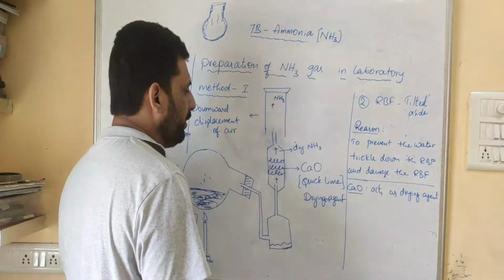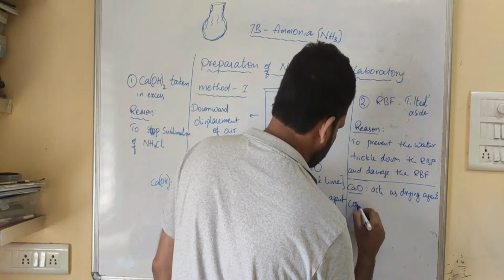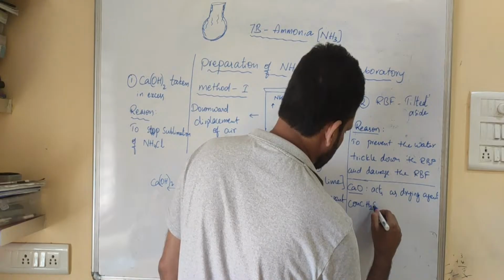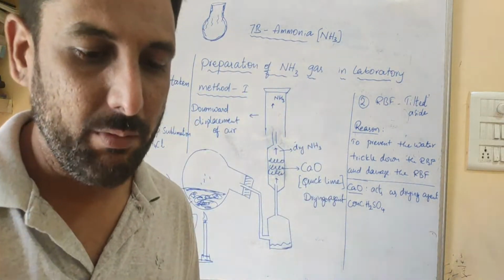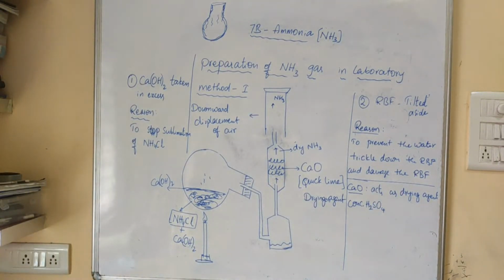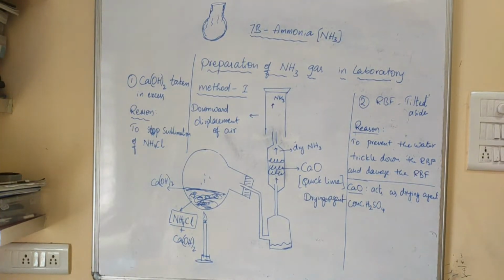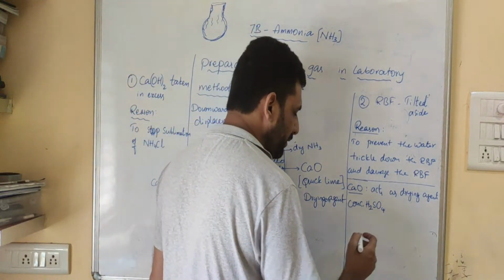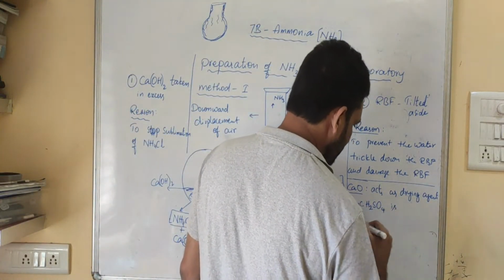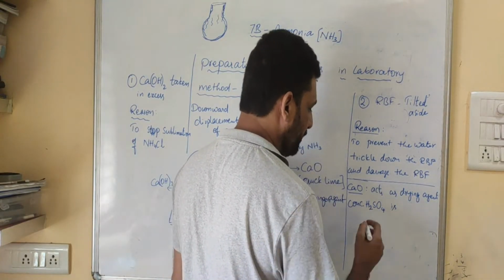Now, can we use other drying agents like concentrated sulfuric acid? Concentrated sulfuric acid is also a drying agent. Can we use sulfuric acid as a drying agent in this case? No, because it is reactive with ammonia. Yes, very good.